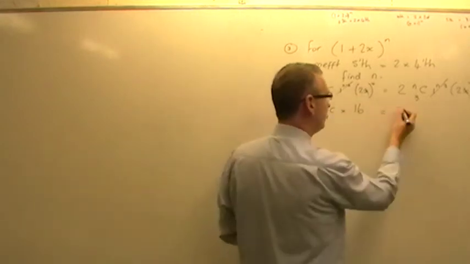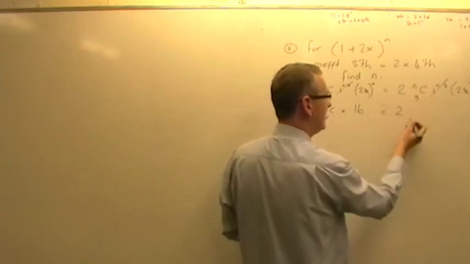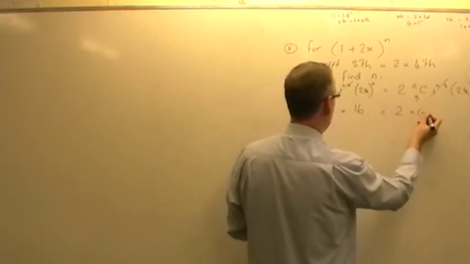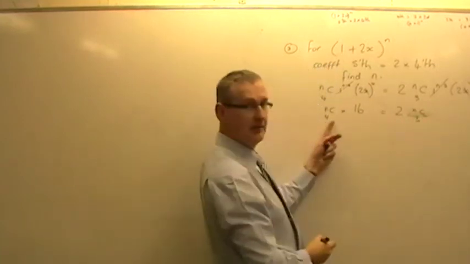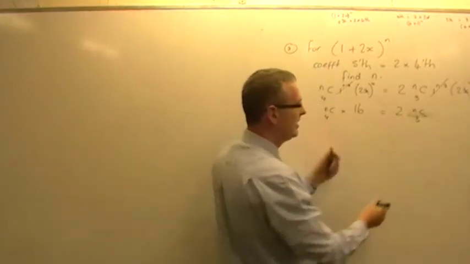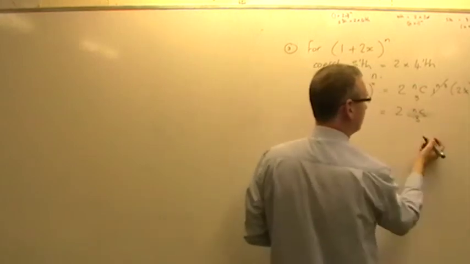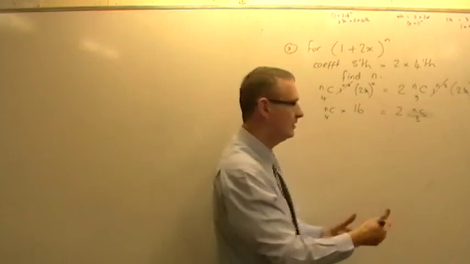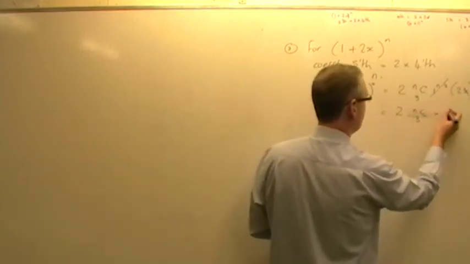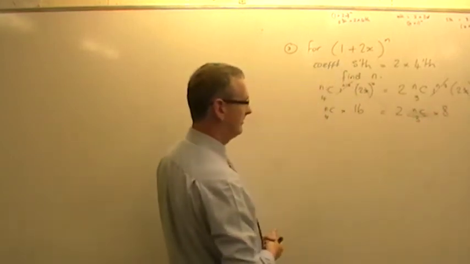Equals, here you've got two lots of n choose 3, I'll leave it as n choose 3 for the moment, because I've done that on the left hand side. And then I've got 2 to the power 3, (2x) to the 3, it's 8x cubed, but forget about the x cubed. So you're just going to get times by 8. So we get that.